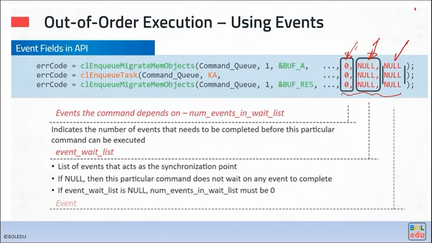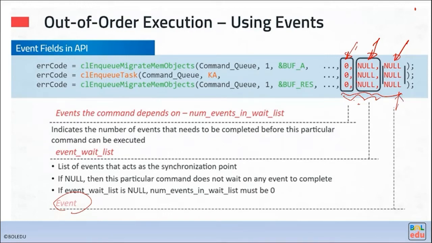The last argument is the event that is generated. So it depends on these events, and after it finishes, it generates the last event here.